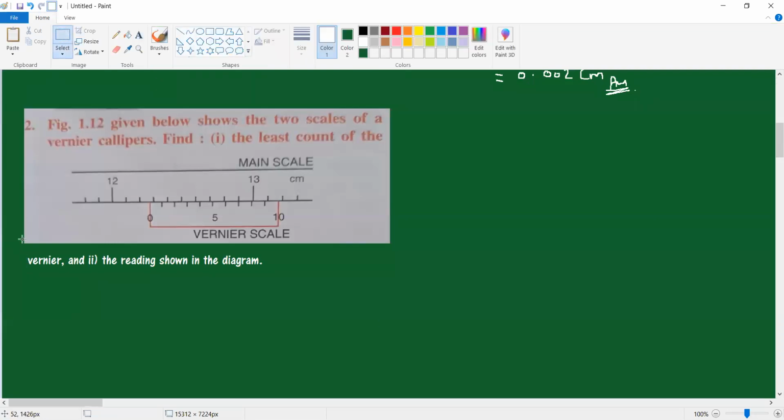So better I place this line here. It is in continuation with this. So let's solve this question.